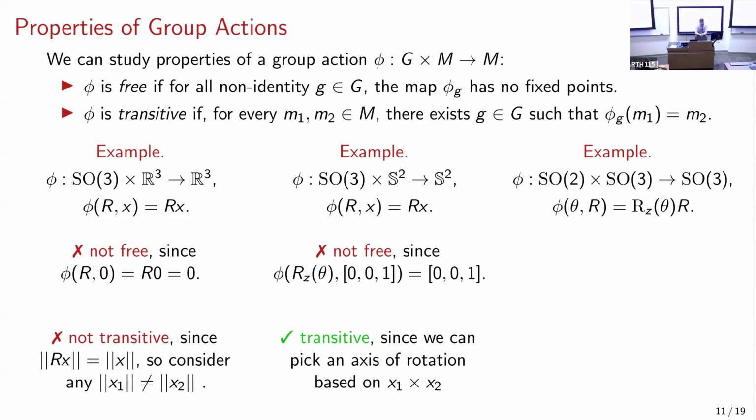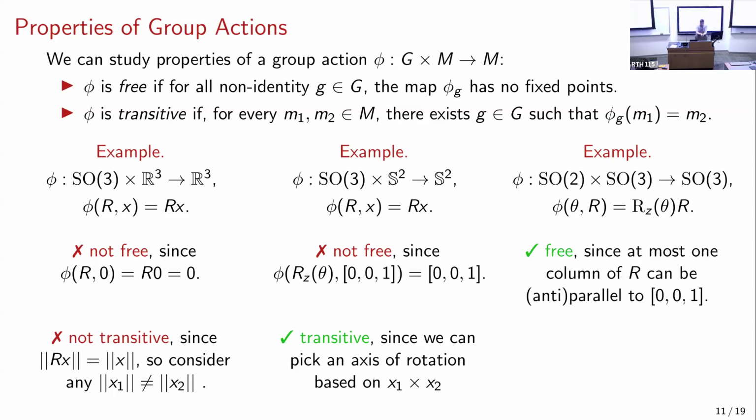Great. So do we think this is a free action? What are your thoughts? Should be free. My reasoning is that at most one column of R can be parallel or anti-parallel, meaning opposite direction but still parallel, to this axis of rotation, right?